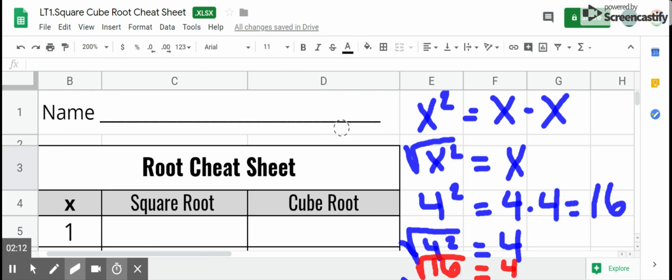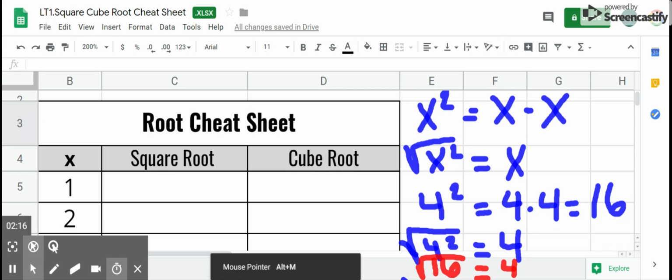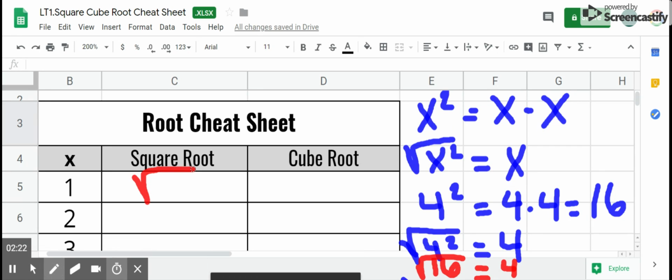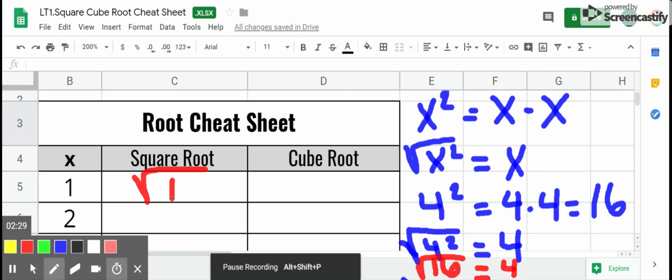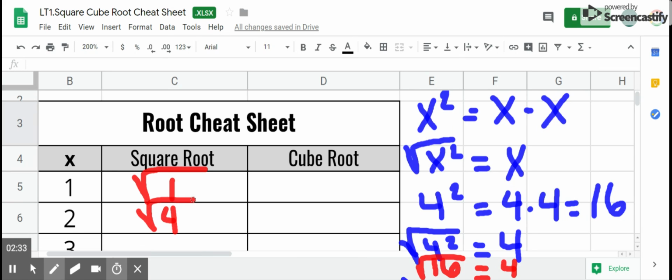Okay, so now let's work on this sheet. Let's start with square root. To find a square root, we're going to do 1 times 1, which is 1. The square root of 1 is 1. Next one, 2 times 2 is 4. The square root of 4 is 2.